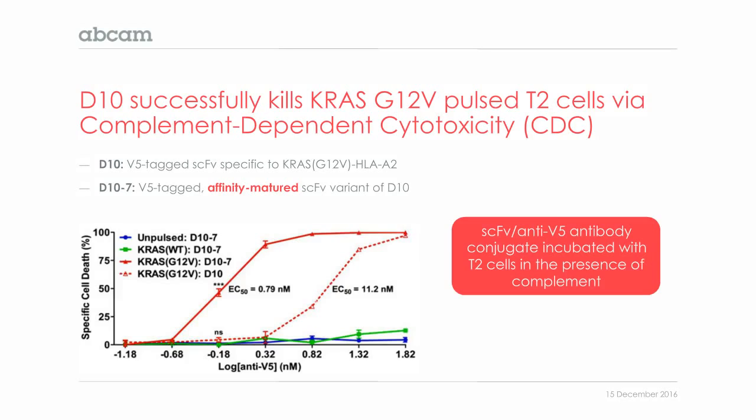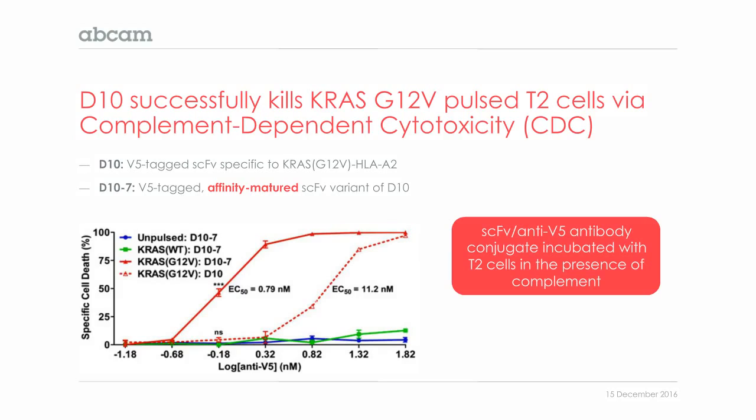So this is an example of the results that we saw with our CDC assay. I'll just walk you through the diagram. The x-axis represents different concentrations of the scFv antibody conjugates. The y-axis represents specific cell death.